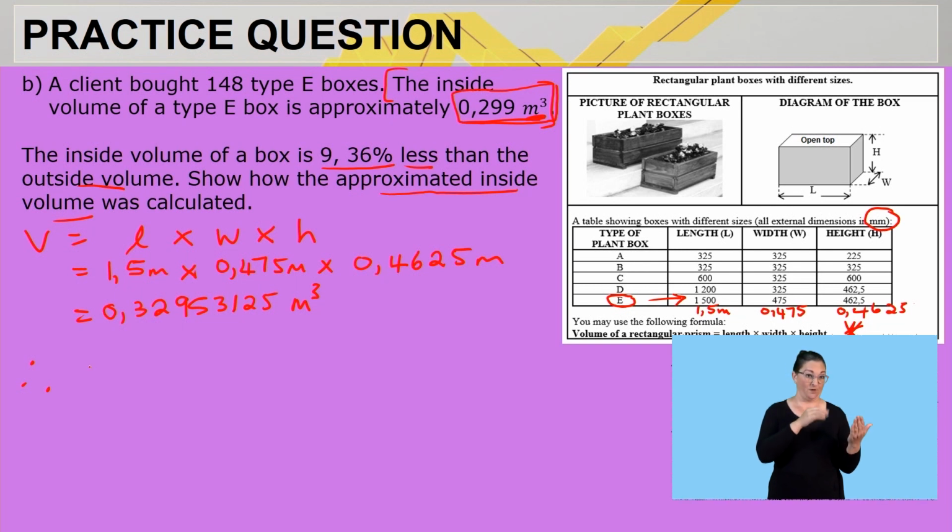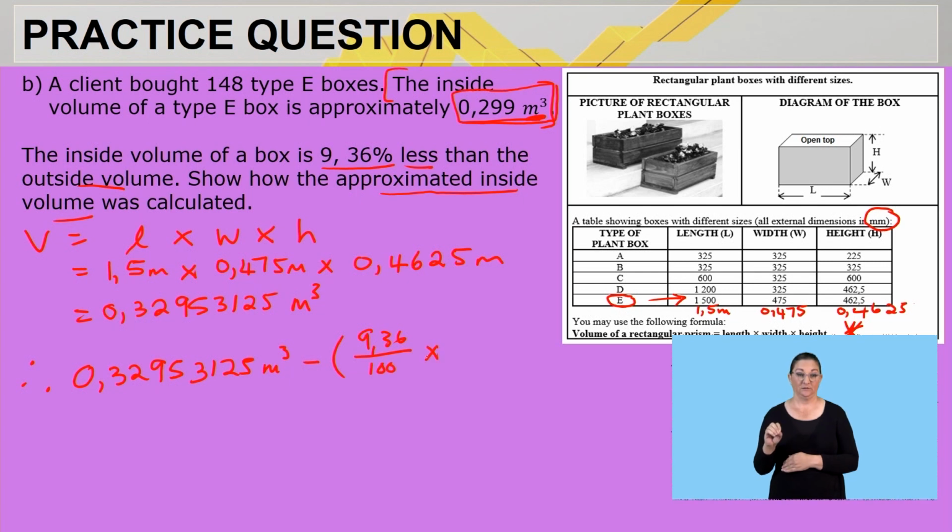So therefore, I'll take my 0.32953125 cubic meters, and I'll subtract from it the 9.36% of the exterior or the outside volume, which is 0.32953125, and that's also cubic meters.